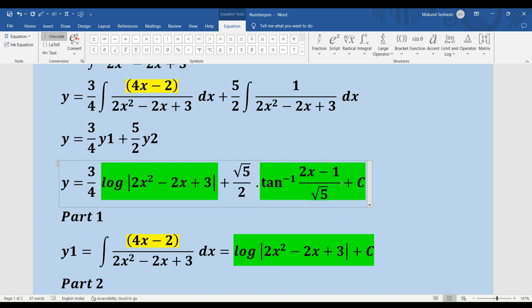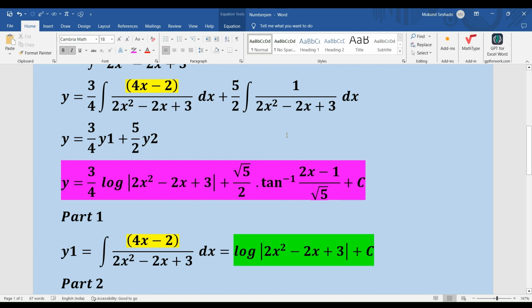So there we are. Any further simplification possible? I don't think so. So we have arrived at our final answer. Let me highlight my final answer in pink. Yeah, 3 by 4 times log of mod of 2x square minus 2x plus 3 plus root 5 by 2 times tan inverse of 2x minus 1 divided by root 5 plus c.